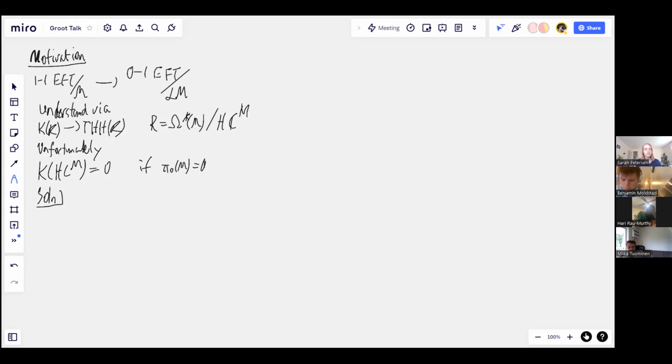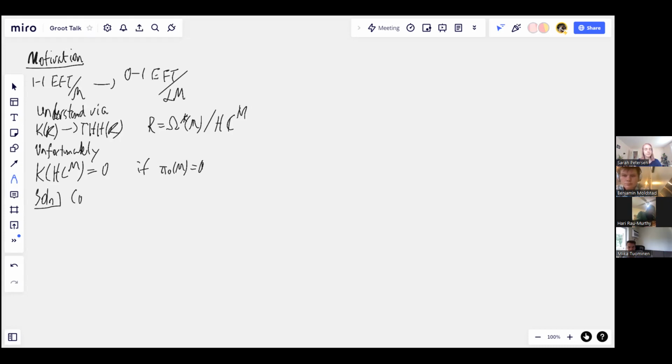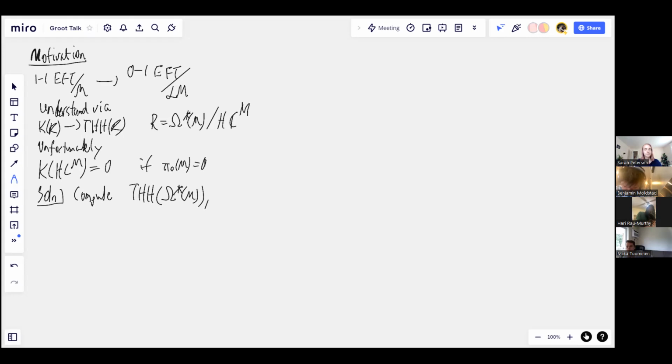So I needed a tool to compute THH of differential forms on M. Differential forms on M is THH of C infinity functions.